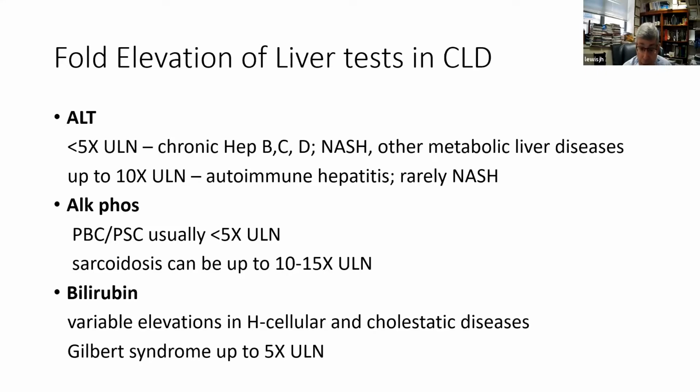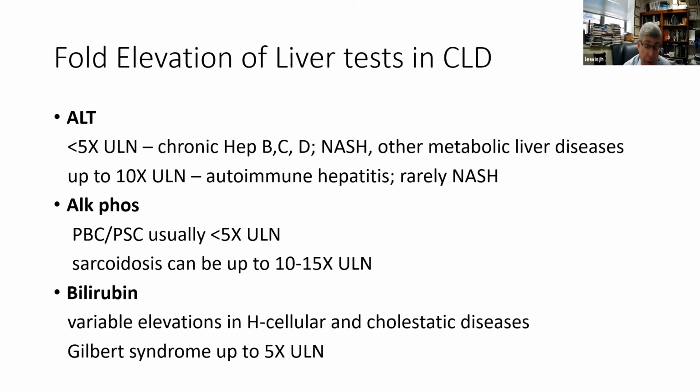With alkaline phosphatase, the chronic cholestatic conditions are primary biliary cholangitis and primary sclerosing cholangitis, and they're usually low, below 5 times the upper limit of normal. Sarcoidosis is the one that's interesting, which can be very high.